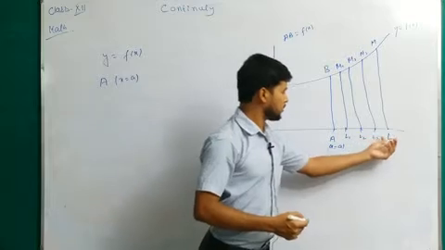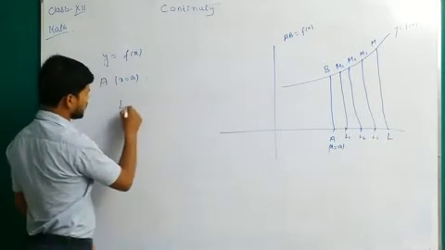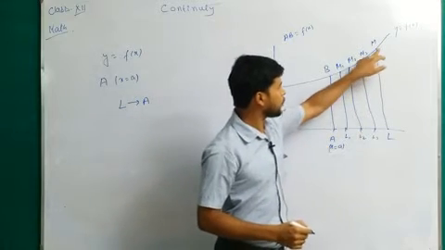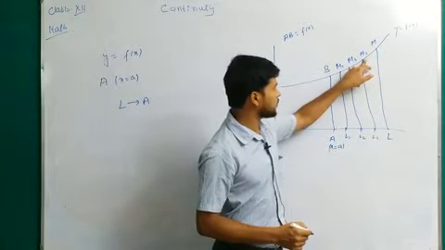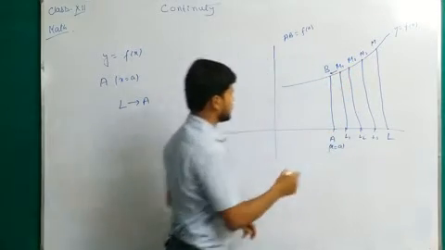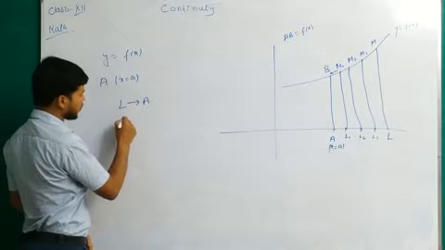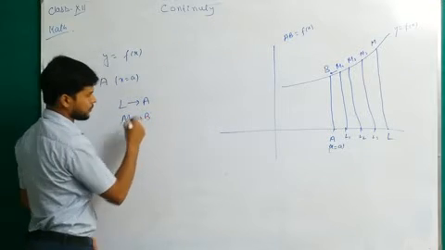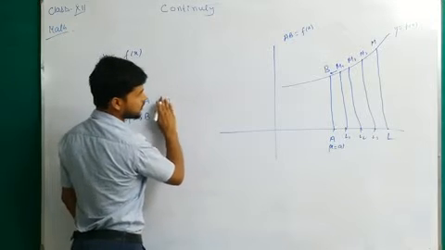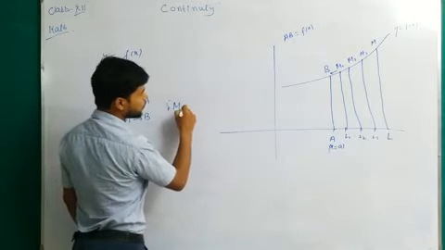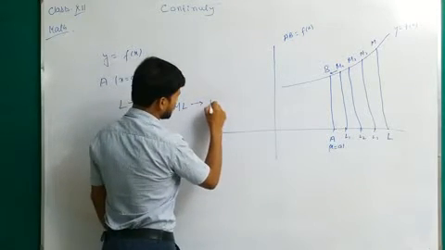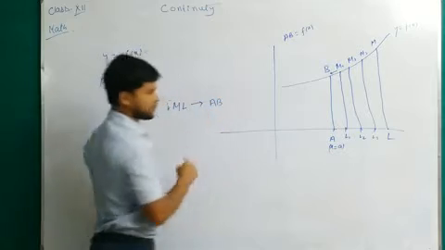Means when the point L tends to the point A, the point M will cross M3, M2, M1 and approach the point B, and similarly the ordinate ML will tend to the ordinate AB.